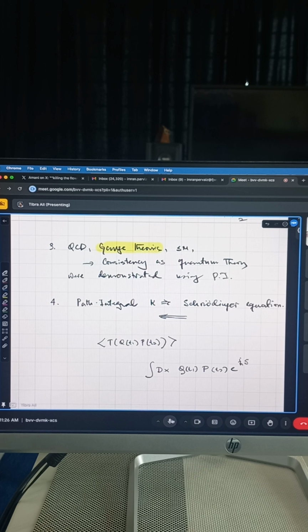And what Damian is saying is that these are still classical quantities. It doesn't matter if you put Q first or P first in the path integral. What comes out will depend on T1 and T2. If T1 is greater than T2, this will come first. If T2 is greater than T1, it'll be P first and then Q. So what the path integral is computing is the time ordering.